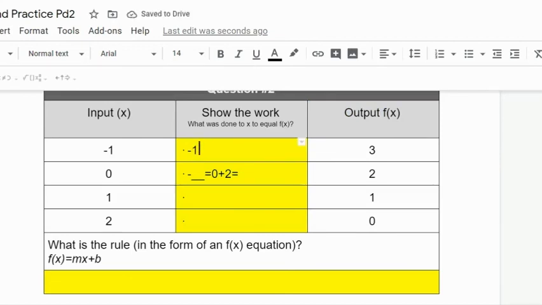Now let's work it out. -1 times -1 equals +1. Plus the 2 that I got from the 0, that would equal 3. So I figured it out. So we have 0 times -1, which this would have been the case no matter what I multiplied by, would equal 0, plus 2, that equals 2. Then I want to try 1.